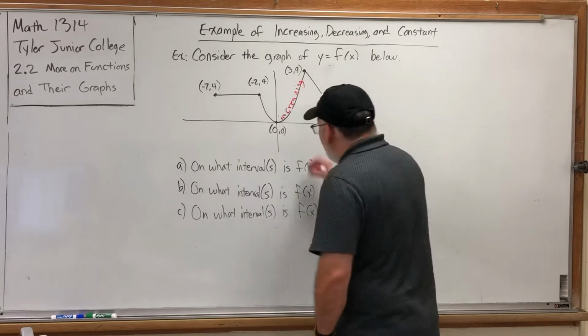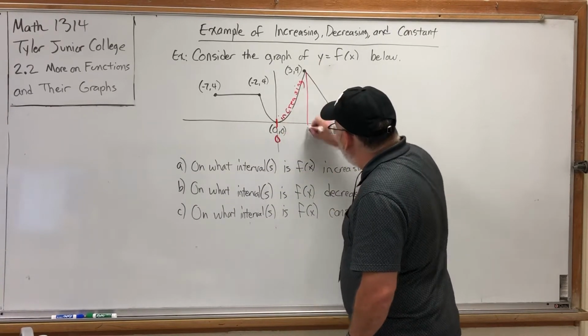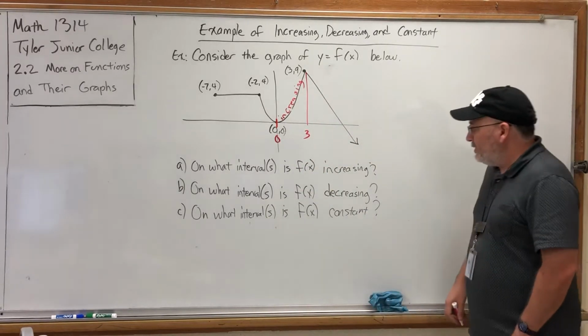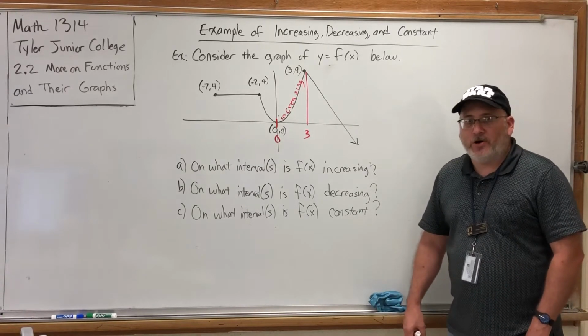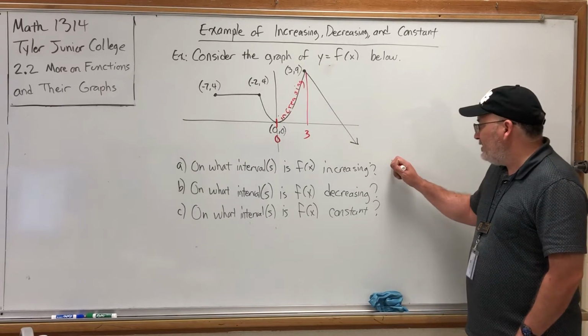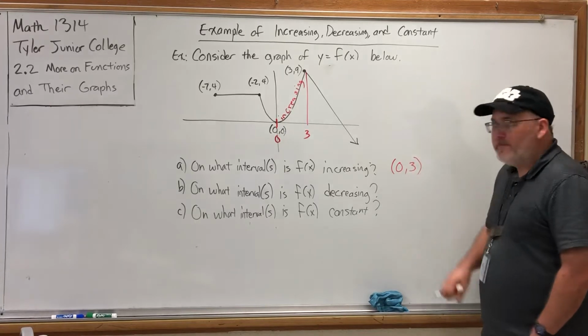This function starts increasing at 0, and it stops increasing at 3. Because the intervals we use to describe increasing, decreasing, and constant are open intervals with parentheses, we would say that this graph is increasing on the interval (0, 3).